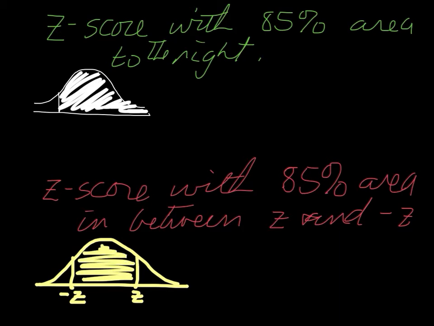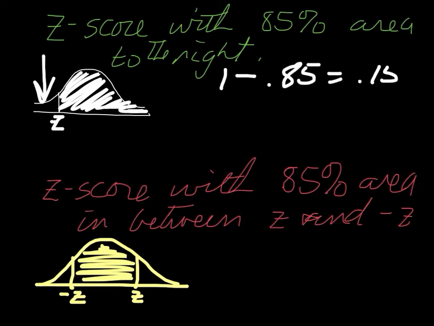And so that gives us both our pictures, and what we'd like to do is be able to solve those. So again, for the first one, what I need to know is this area right there to the left of that, and all I do is 1 minus 0.85 and I get 0.15.